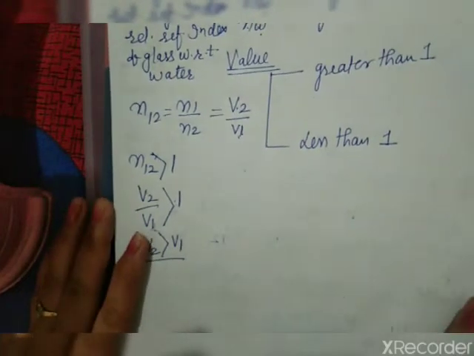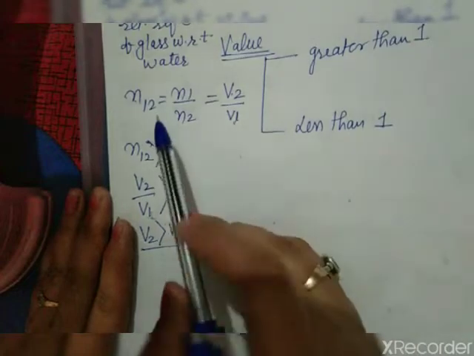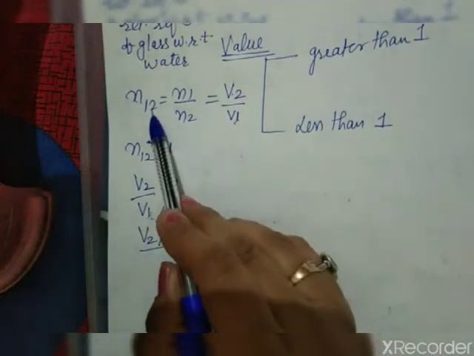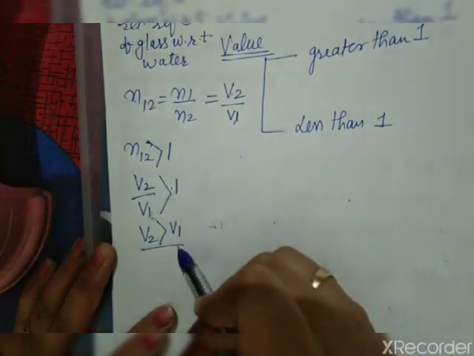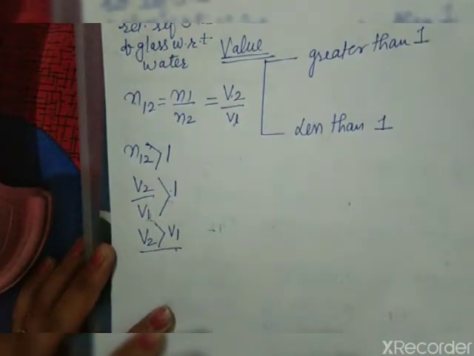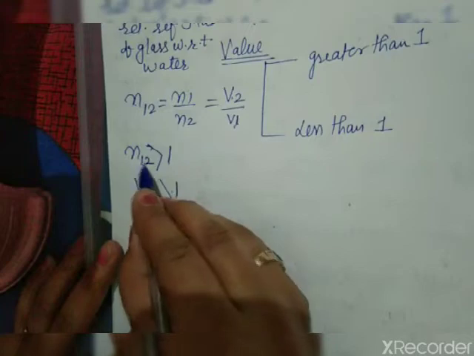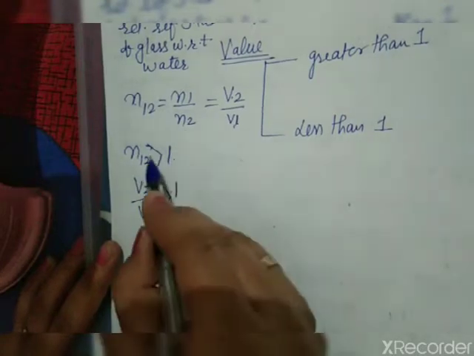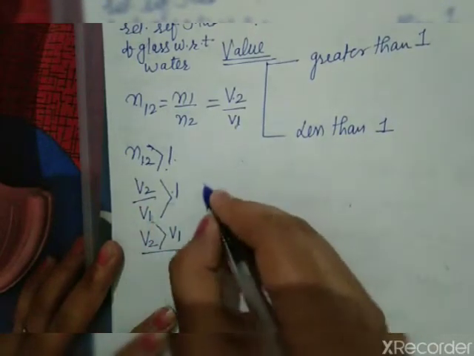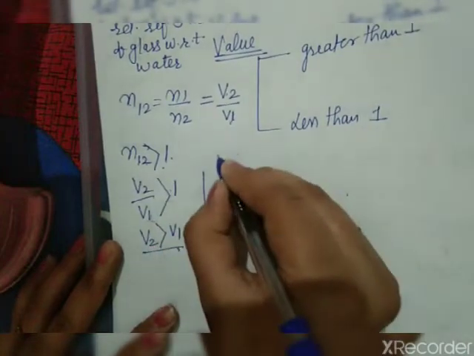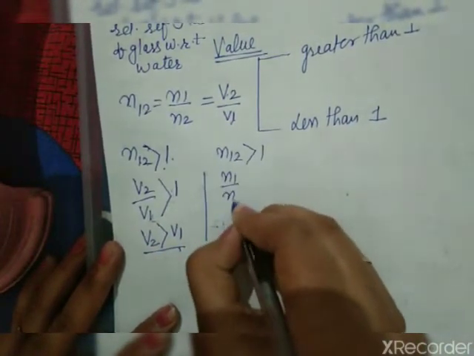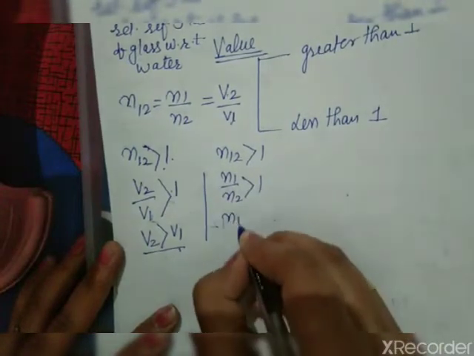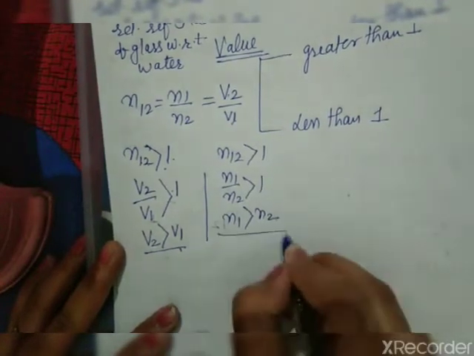Okay, it means from the information of relative refractive index you can come to know about the speed of light. How? If n12 is greater than 1, it means n1 is greater than n2. In terms of refractive index, n12 means n1 by n2 is greater than 1. n1 is greater than n2.